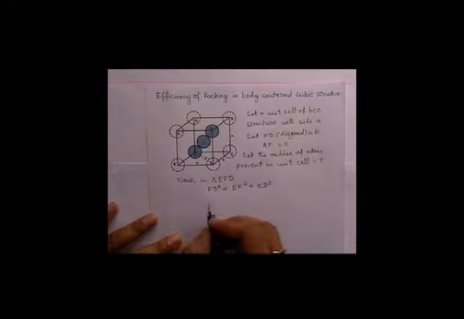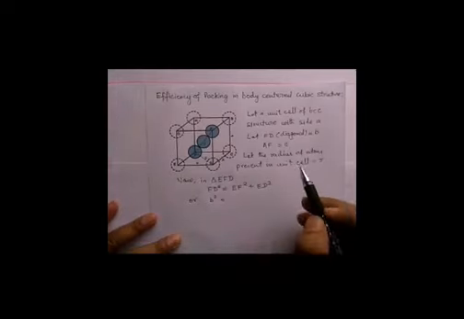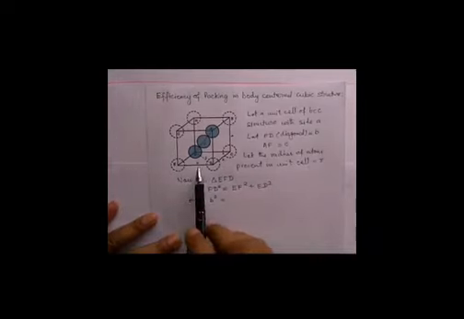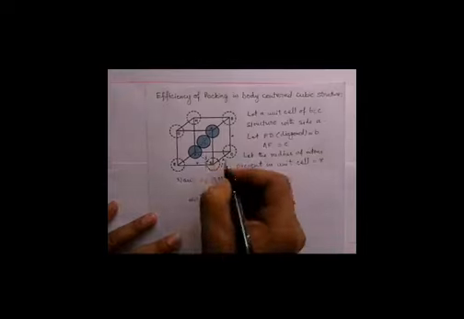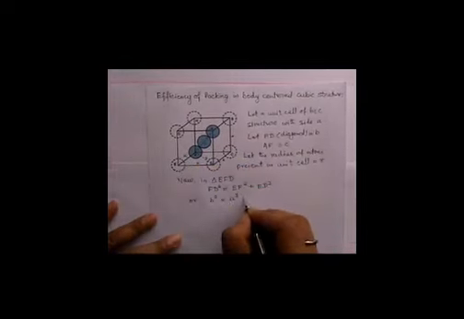Putting their values, FD is equal to B, it will be B square. EF is equal to the side A, it will be A square.